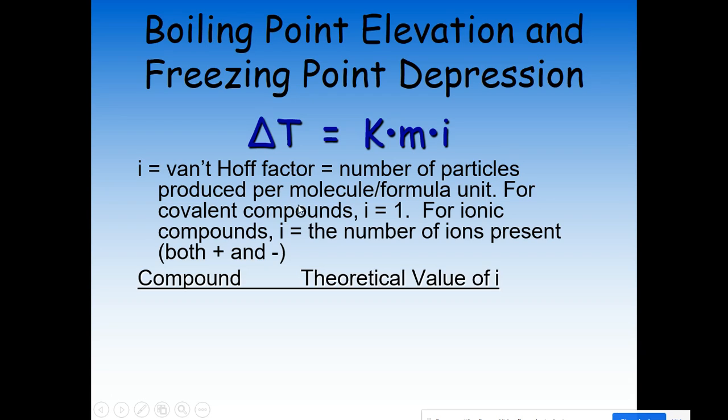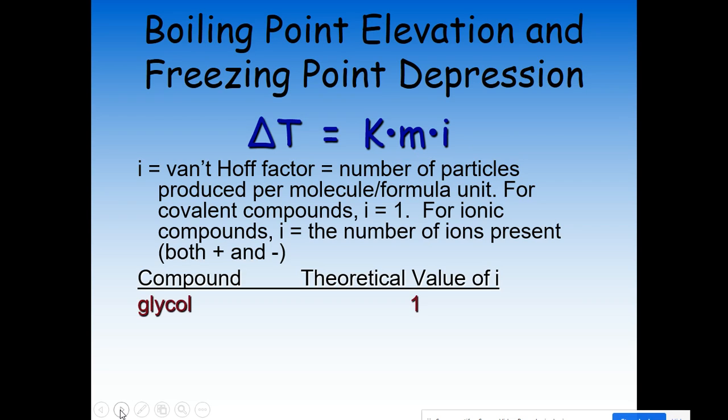For covalent compounds, since they don't break up when you put them into water or into solution, i is equal to 1. Ionic compounds actually dissociate when you put them into solution, so i will depend on the number of ions present, both positive and negative ions. And remember, m is a molality, so all this depends on is the molality times the number of particles that you have in solution.